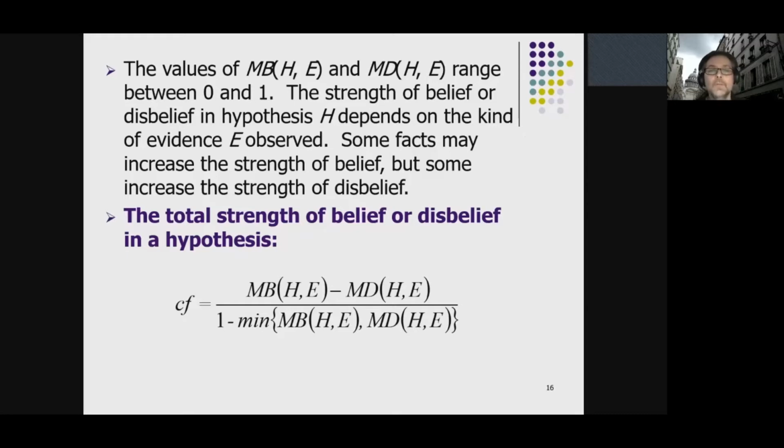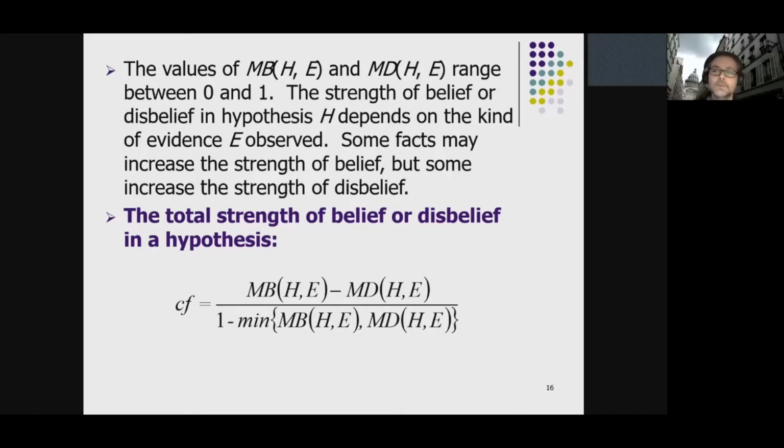The values of the measures of belief and disbelief are in the range of 0 and 1. And the strength depends really on the belief or disbelief that we have in the hypothesis and on the evidence that we observe. Then what the system will have to do is to calculate the total strength of belief or disbelief in a hypothesis.